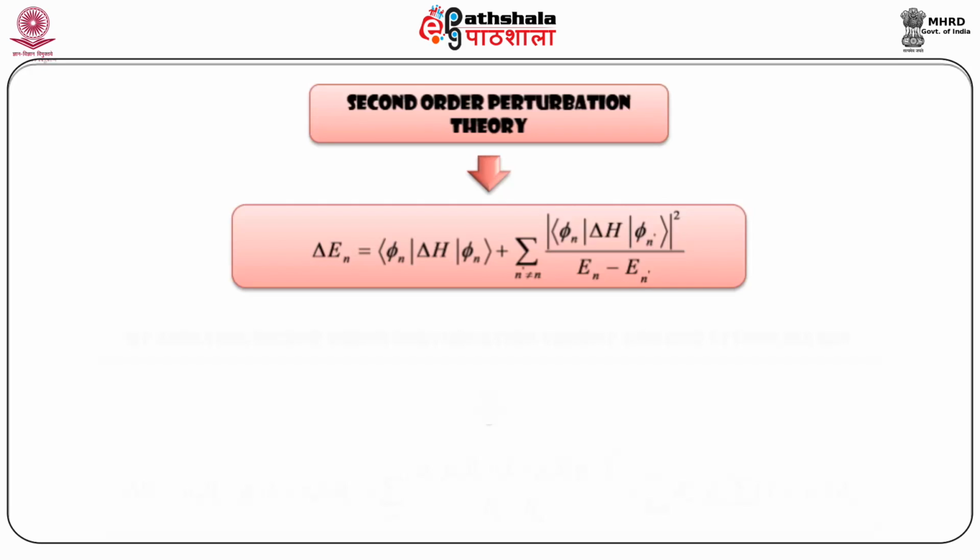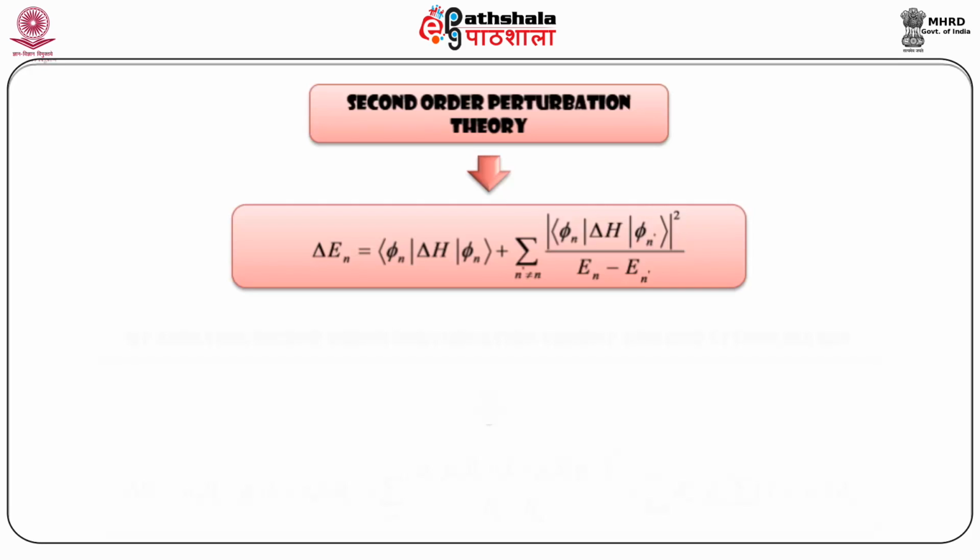I am sure you must be familiar with first order and second order perturbation theory in quantum mechanics, which you are applying here. Note that m is not equal to n, and phi n is the eigenfunction of the nth energy state. Now substituting delta H from the previous slide into this equation for delta En, we retain terms up to quadratic in the magnetic field.